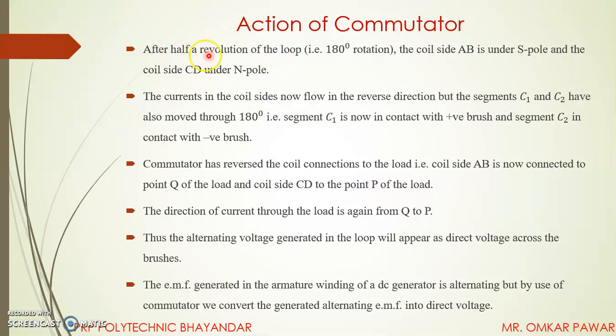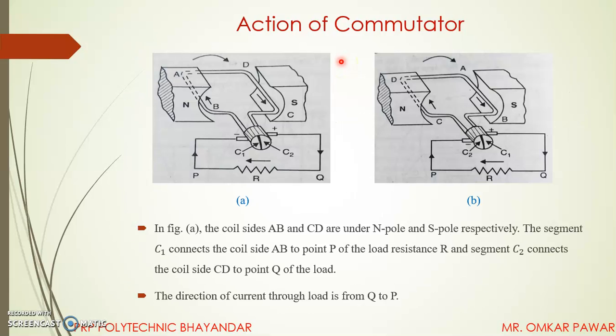After half revolution of the loop, that is 180-degree rotation, the coil side AB is under S pole and coil side CD is under N pole. That is this diagram.